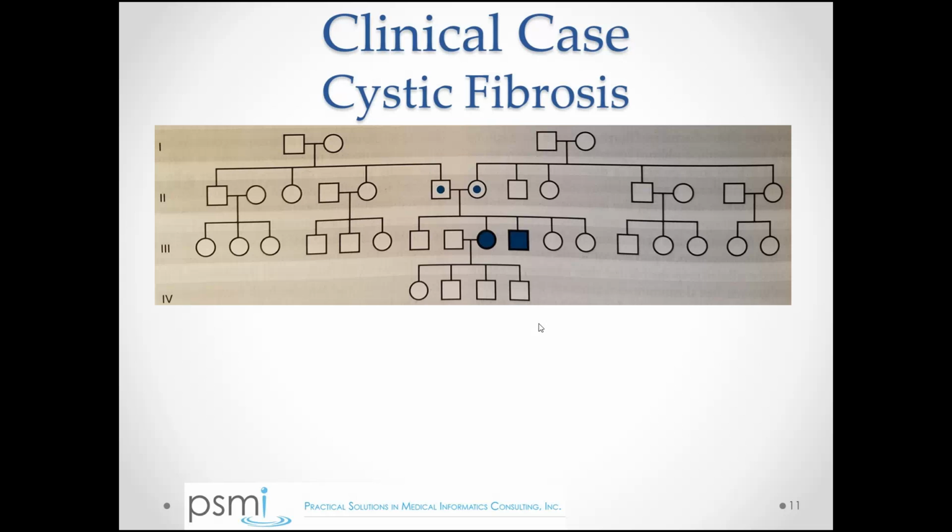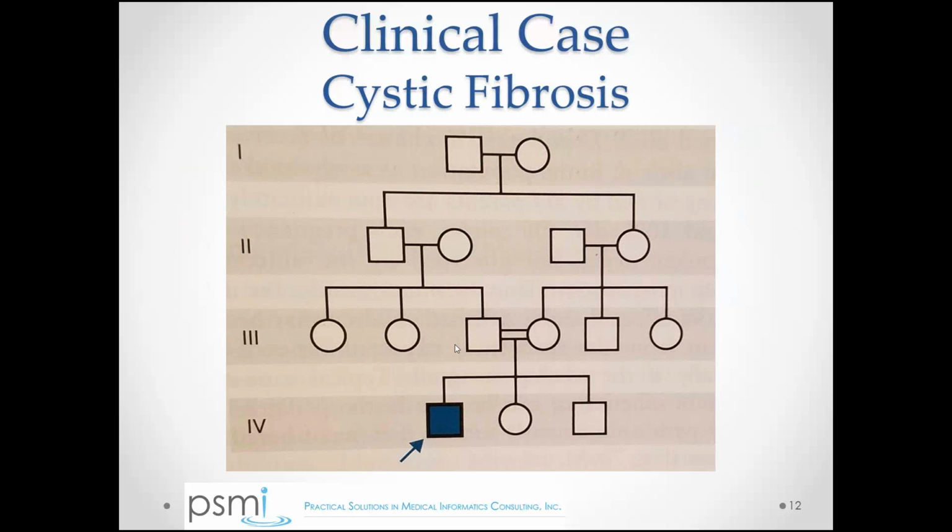Or you look at a lot of family histories, and in these family trees, when you start seeing clustering of diseases in families, if a patient came to you and said, I have cystic fibrosis, or I just had 2 kids with cystic fibrosis, the lights would start to flash and you begin to suspect that this might be a genetic disease. Here again, with a consanguineous mating, we see a child with cystic fibrosis.